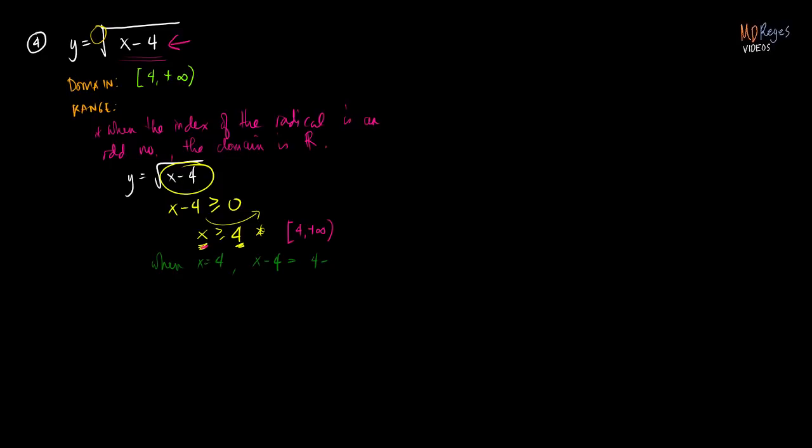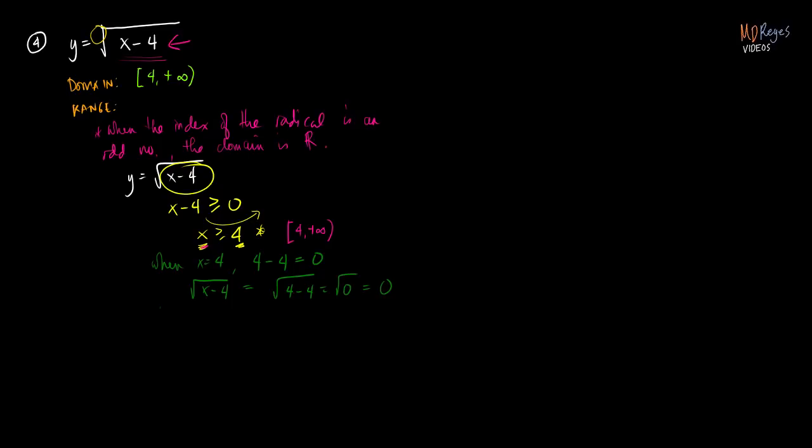Let me just rewrite that. When x is equal to 4, then x minus 4 becomes 4 minus 4, which is equal to 0. So the square root of x minus 4 becomes the square root of 4 minus 4. That is the square root of 0, which is equal to 0.